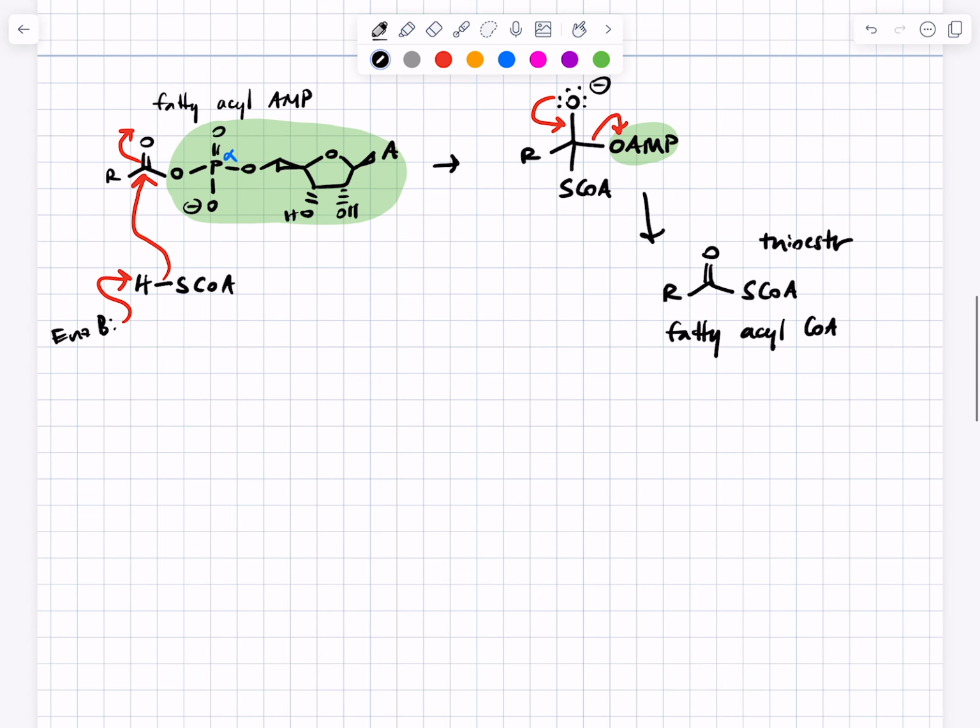And then the other thing that is produced is AMP as a leaving group, which we probably don't need to draw, but I will just briefly here because I want to make a point about the reaction. And this is the adenine base.